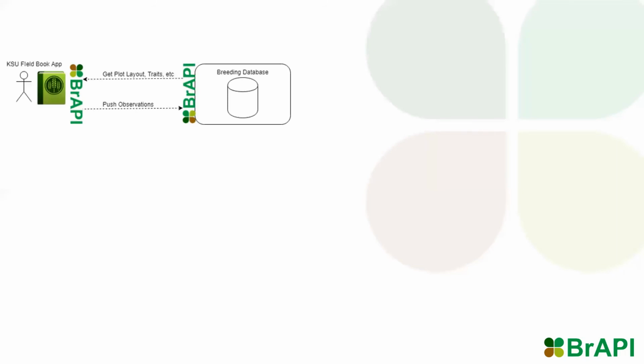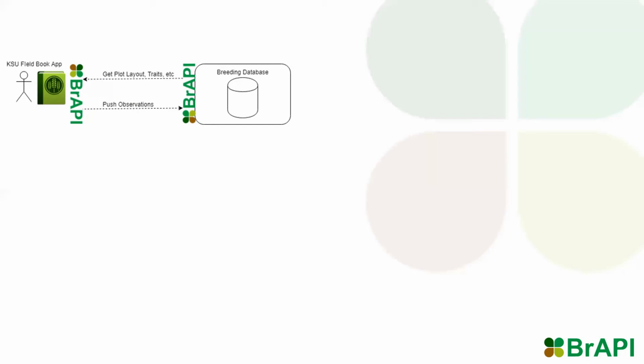BrAPI is being used to solve many different use cases by many different groups around the world. Here are a few examples being actively developed within the Excellence in Breeding community. With mobile data collection apps like KSU Fieldbook, we can download plot layouts and traits directly from a BrAPI-compatible database into a field device.